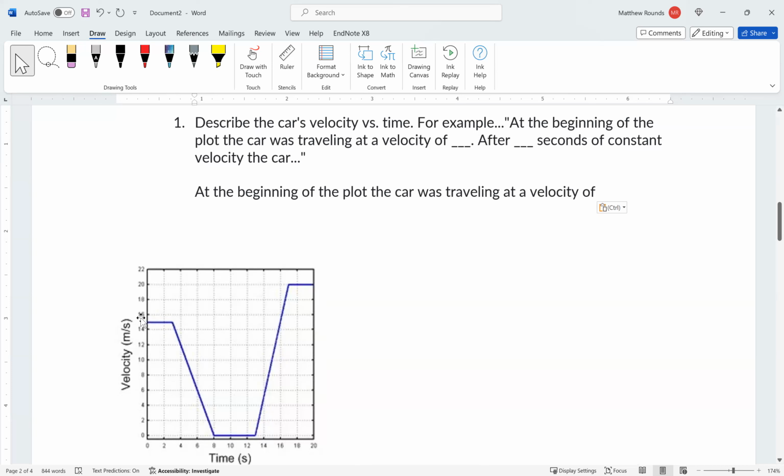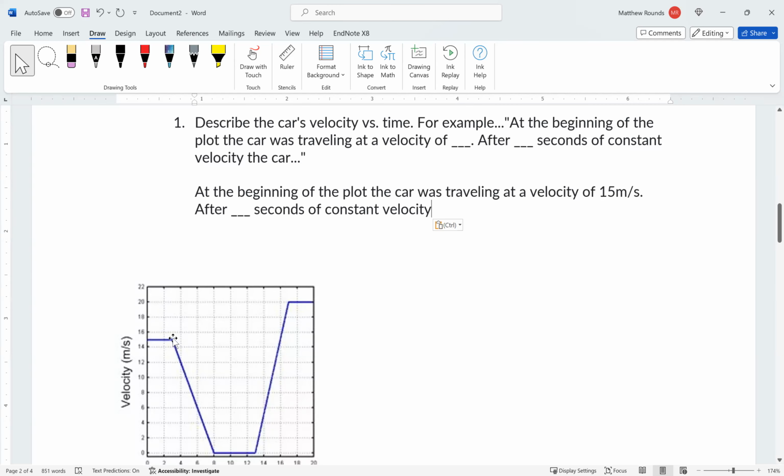What is the y value here? It's 15. 15 meters per second. All right, now after blank seconds of constant velocity. So the car is at a constant velocity for how many seconds? What's the x value here?